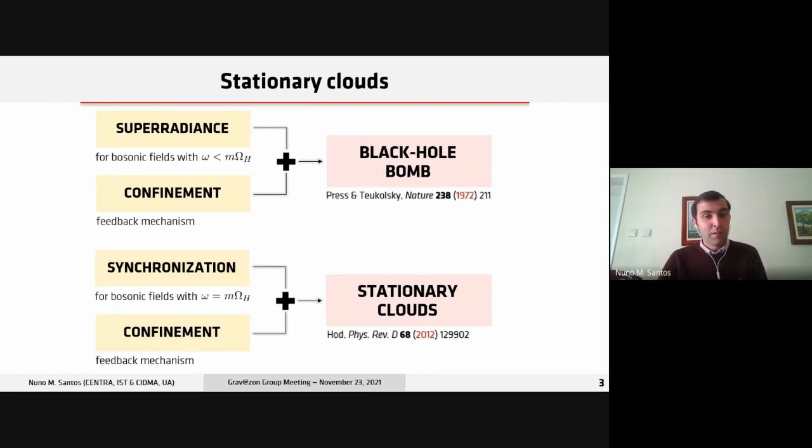Because the field can acquire an effective mass and be trapped or confined to the vicinity of the black hole. In addition, if the field is bosonic, as you might know, it can induce superradiance, which is the extraction of energy and angular momentum from rotating black holes. And superradiance takes place when the phase angular velocity, can you see my pointer?